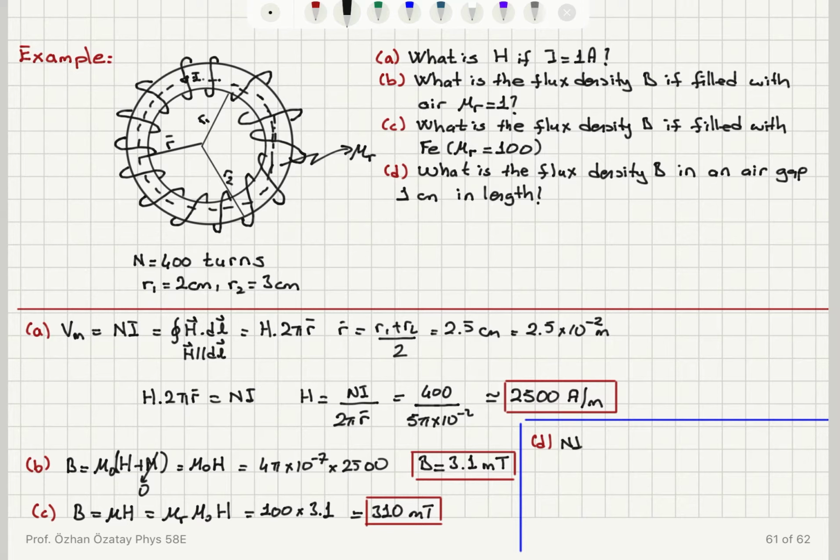The magnetomotive force is equal to the same flux that flows through the circuit times the reluctances. So this equation would give me 400 times 1 amperes is the flux in the iron, length of the iron, divided by mu of the iron times area of the iron, plus flux in the air part, length of the air part, divided by mu of air and area of the air part.